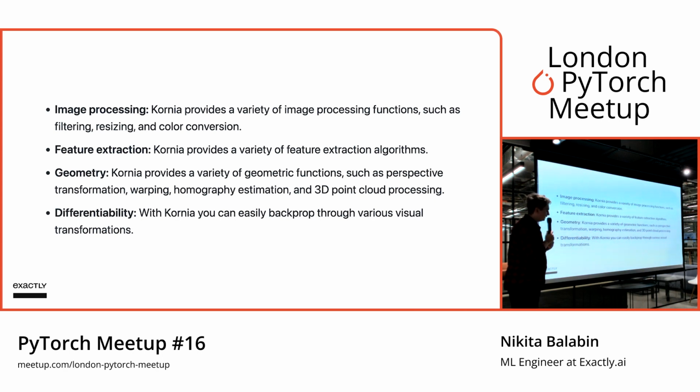And the main thing about Kornia is that it's differentiable. So if you want to use these transforms during your training, you can backprop through them because it's native to PyTorch and has all the backward functions to make a backward pass.